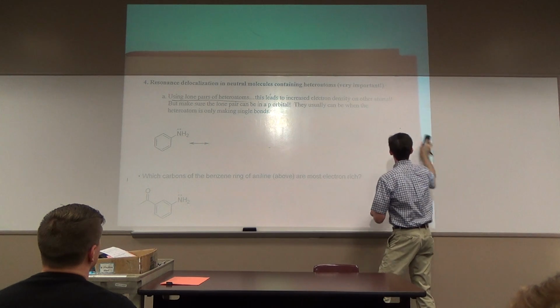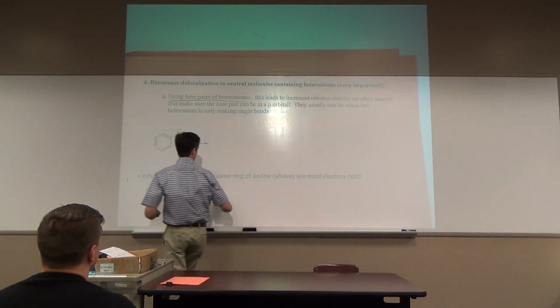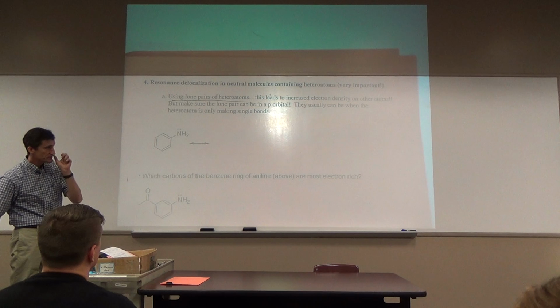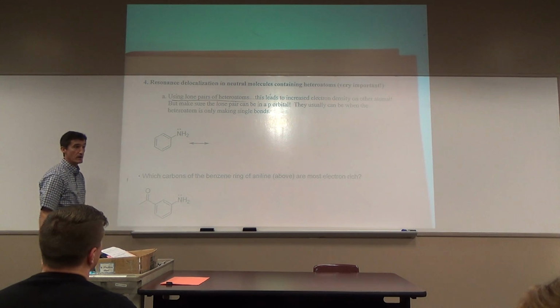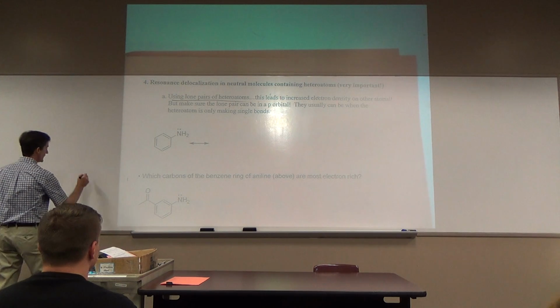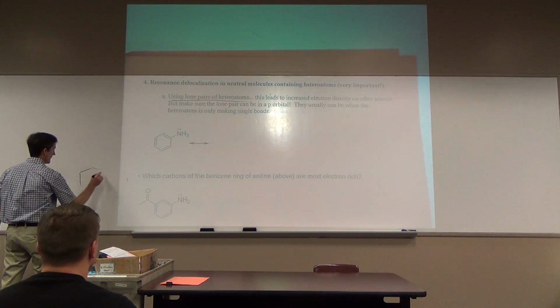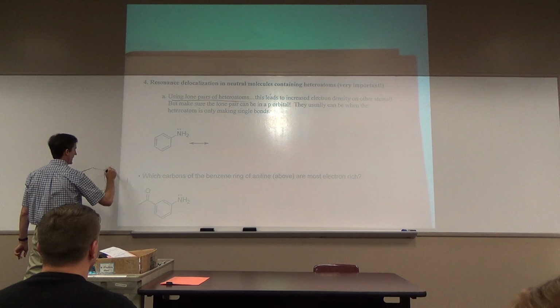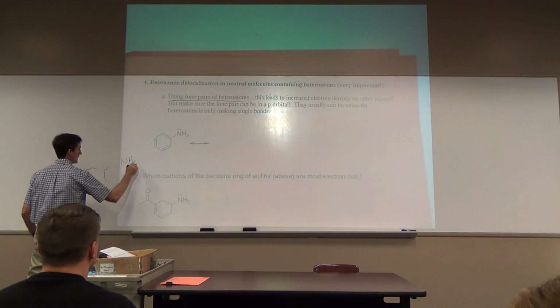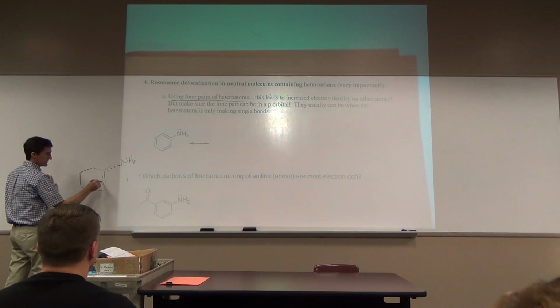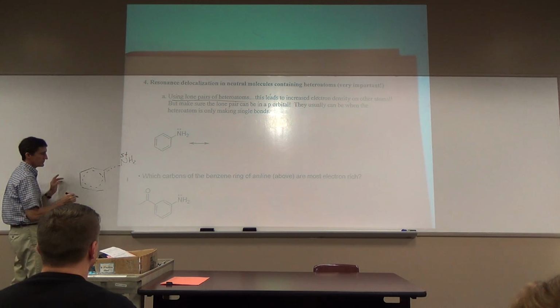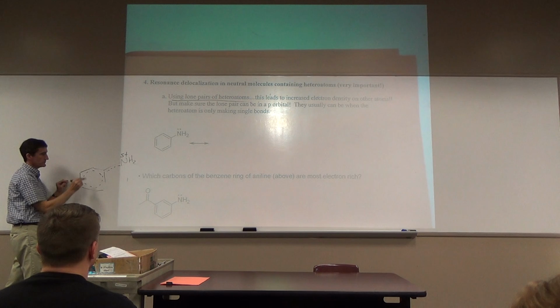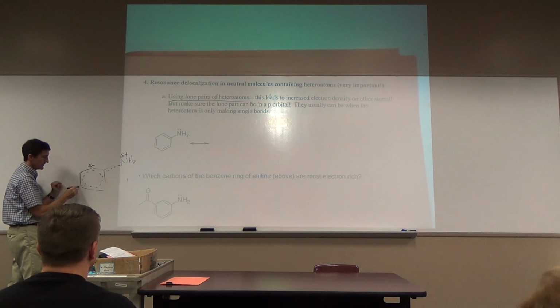I erased it before we answered the question below. Which carbons of the benzene ring of aniline are most electron rich? That is, if we drew the hybrid, I didn't draw the third resonance structure, but the hybrid would look like what? It would actually look like this. Partial plus there. We drew two resonance structures. One was minus here, the other one was here.